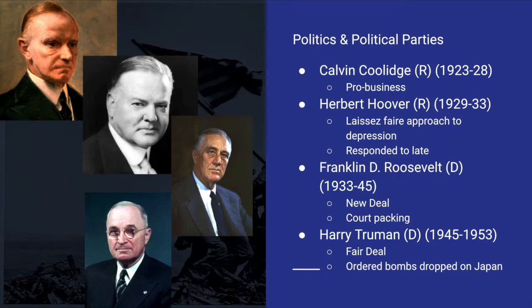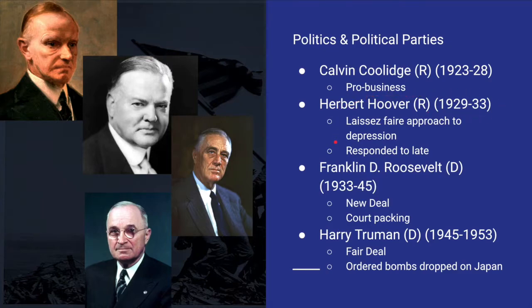Now, unfortunately for Hoover, he is going to get hit with a depression in his first term, in 1929. He's going to take a hands-off approach for most of his presidency. Near the end, he's going to try to do some reform and use federal power to fix the problem, but it is too little too late, and he is known as the Depression president. Remember Hoovervilles and all that stuff.